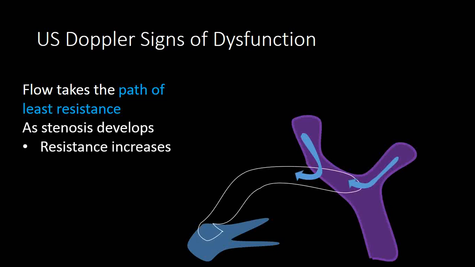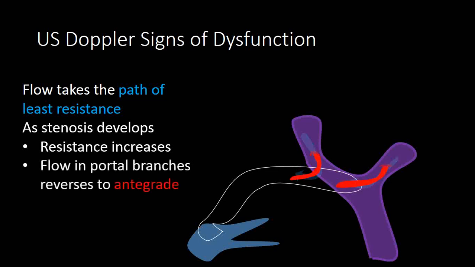When stenosis develops, the resistance within the TIPS stent is going to increase, and at some point the resistance within the TIPS stent may be greater than the resistance within the liver, and if that occurs, flow within the portal branches will reverse and be antegrade. Okay? So antegrade flow in the presence of a TIPS within distal portal branches is actually an atypical or abnormal finding, which is somewhat counterintuitive.